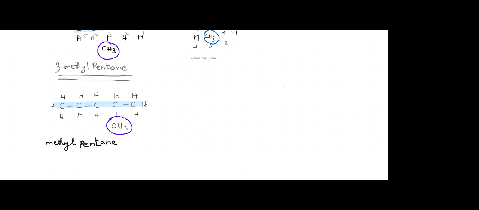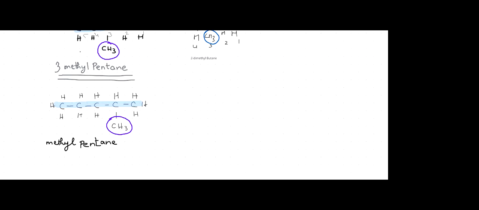Could you repeat that? I couldn't hear you. Yeah, I said now try to number it. What number should I write down? First number it from the left-hand side, then the right-hand side, and then choose the smallest number. This CH3 group, you basically have to tell me on which carbon atom is it located.